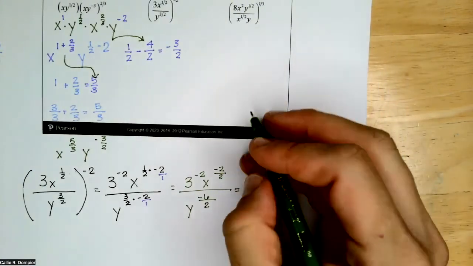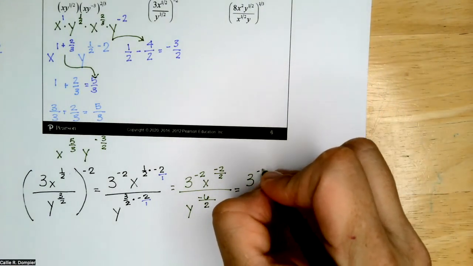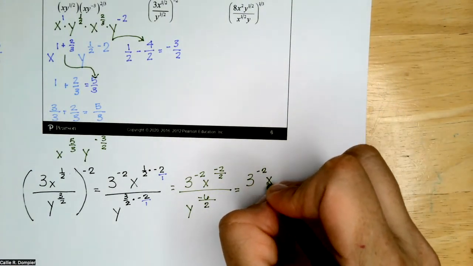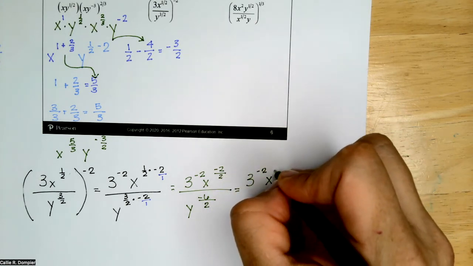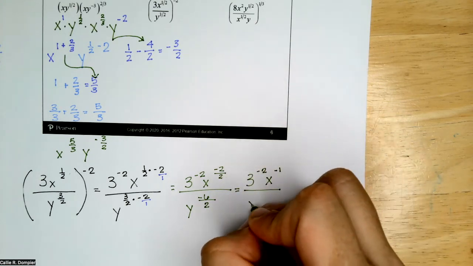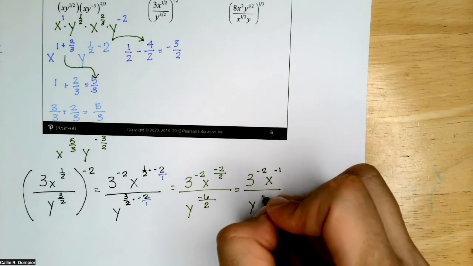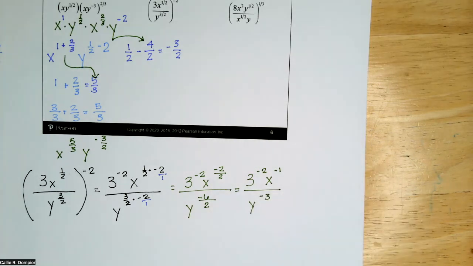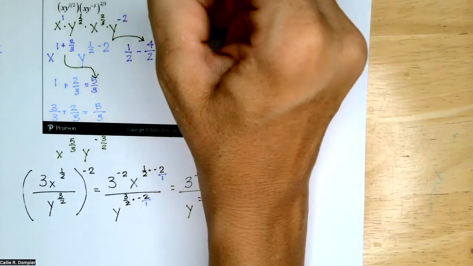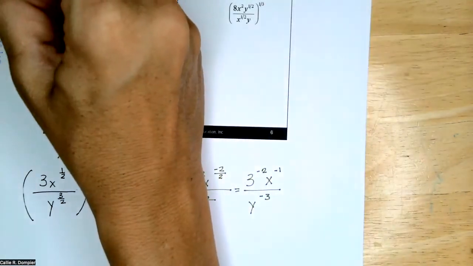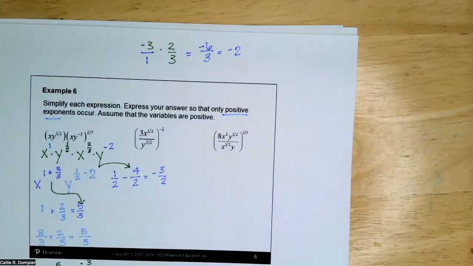Simplify those fractions. 3 to the power of -2 times x, -2/2 is -1. Y, -6 divided by 2 is a -3. Is that okay? So I have 3 to the -2, x to the -1, y to the -3, and only positive exponents are allowed to occur.